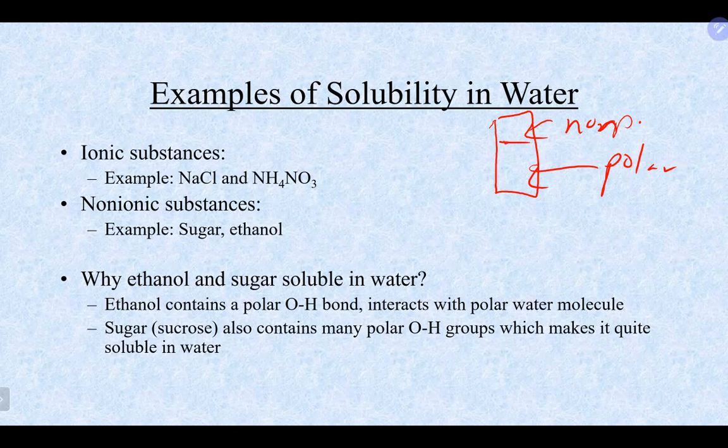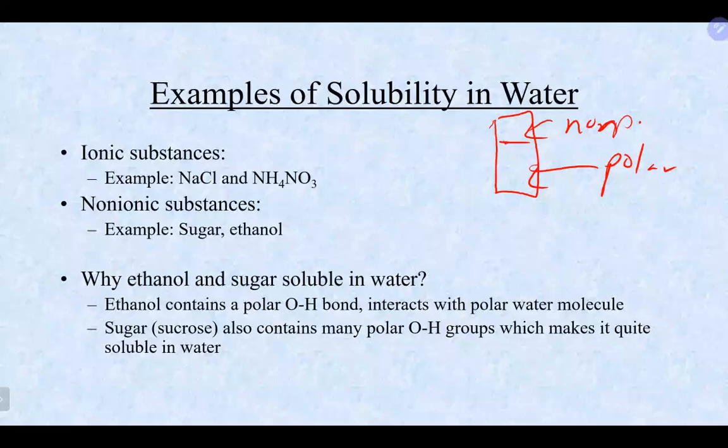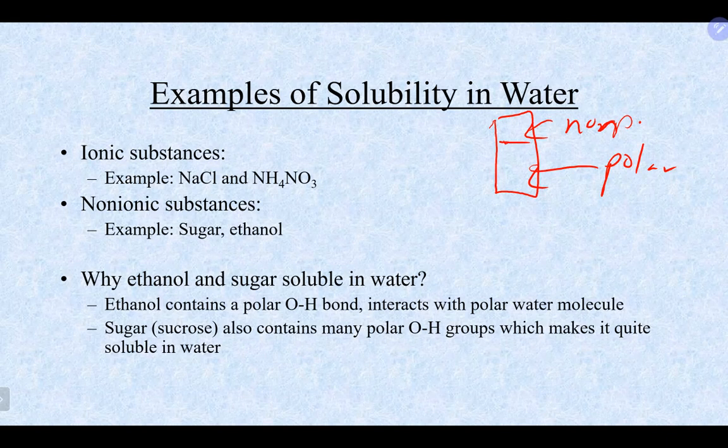When we talk about things that are soluble in water, definitely any ionic compound, like sodium chloride or ammonium nitrate, should be soluble in water, because they break apart into their ions. They'll get surrounded by the water molecules like we saw earlier, and that helps them dissolve. But there are also non-ionic substances, like I just drew on the other page, things like sugar and ethanol.